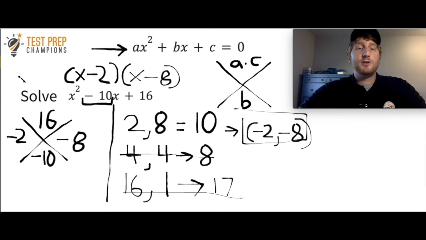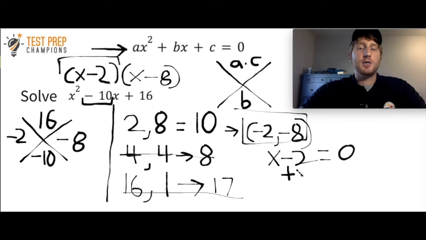So to find the solutions now, I'm going to first take x minus 2 and set that equal to 0. So x minus 2, if I set that equal to 0, and I solve it for x, what do I get? To get x by itself on the left-hand side of the equation, I have to do the opposite operation of subtraction, which is addition.